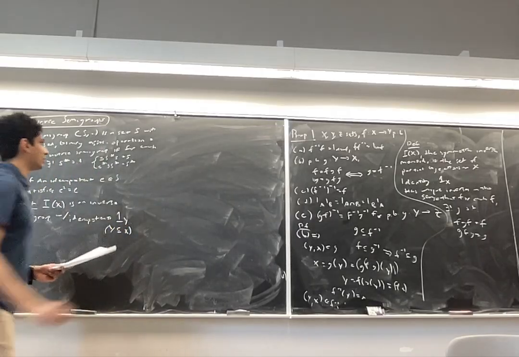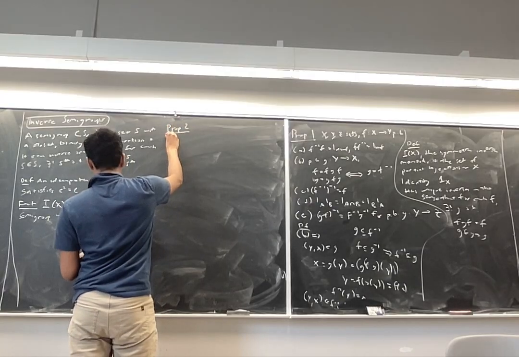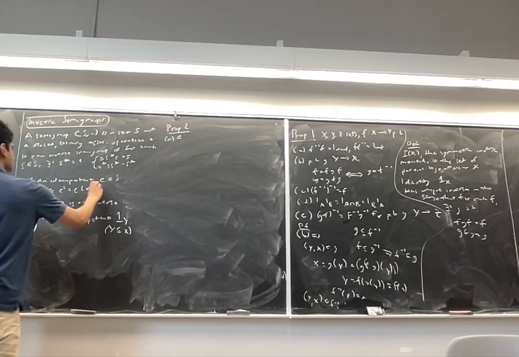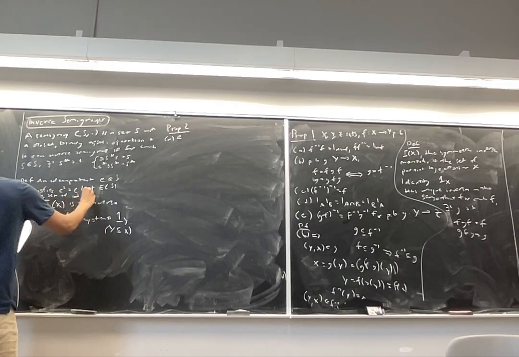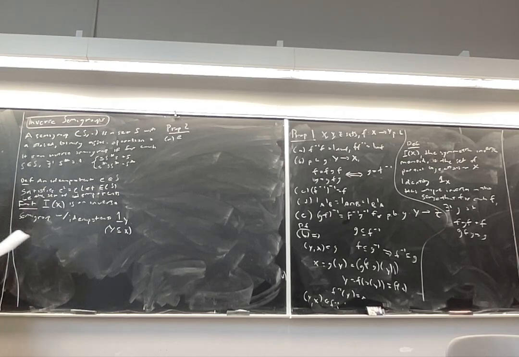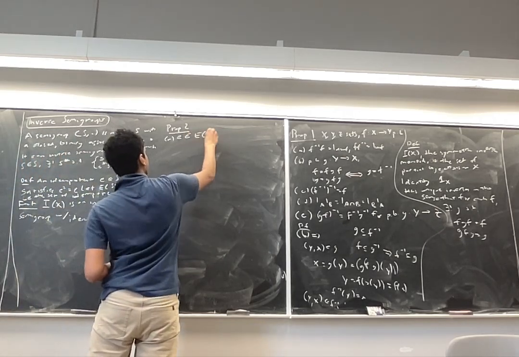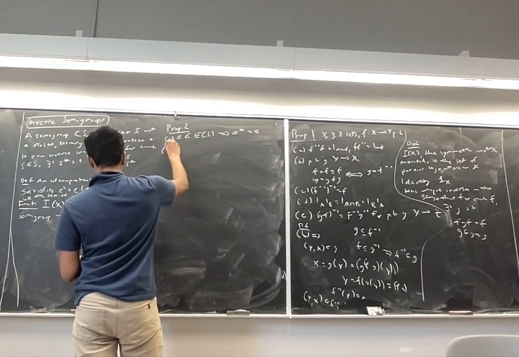So let's prove a proposition about idempotents. Okay, I forgot to say, let E of S be the set of idempotents. Okay, so let's prove a proposition. If e is an idempotent, then e star is equal to e.